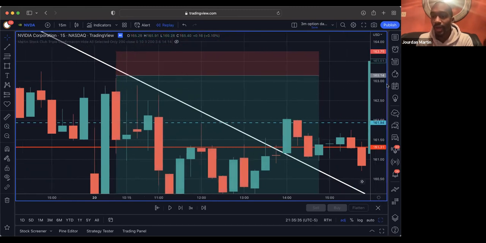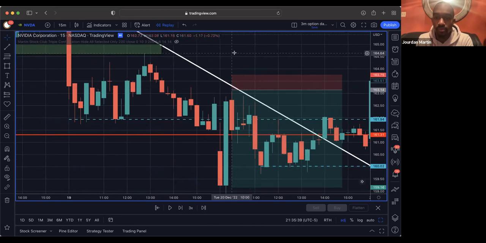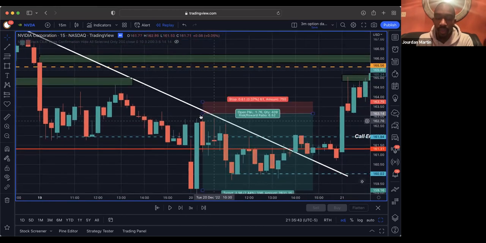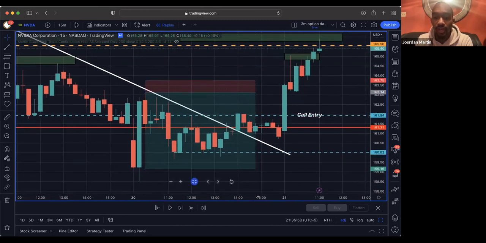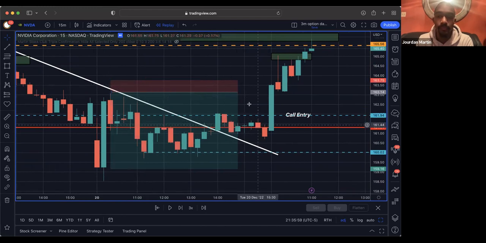That's personally why I like to use the wicks, because I'm less likely to get faked out since I'm accounting for previous fake outs. So when it breaks out, I know it's real because I'm already accounting for fake out, fake out, fake out, right? So it's higher risk to get in once that live candle breaks above, because it can pull back just like previously, right?